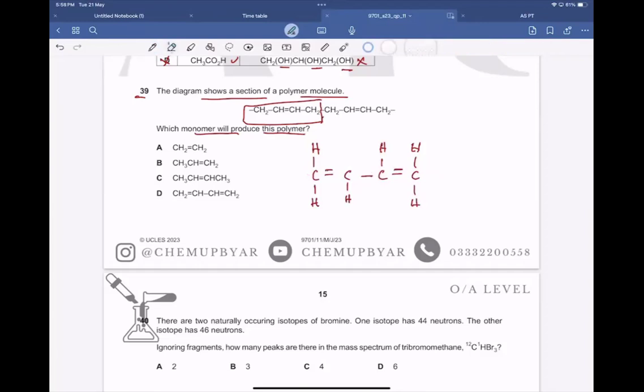So if you see, this monomer is D. So D is the correct answer over here.